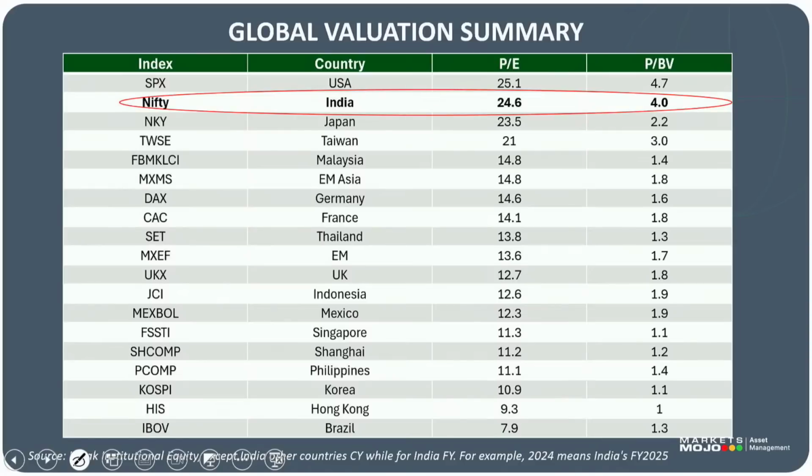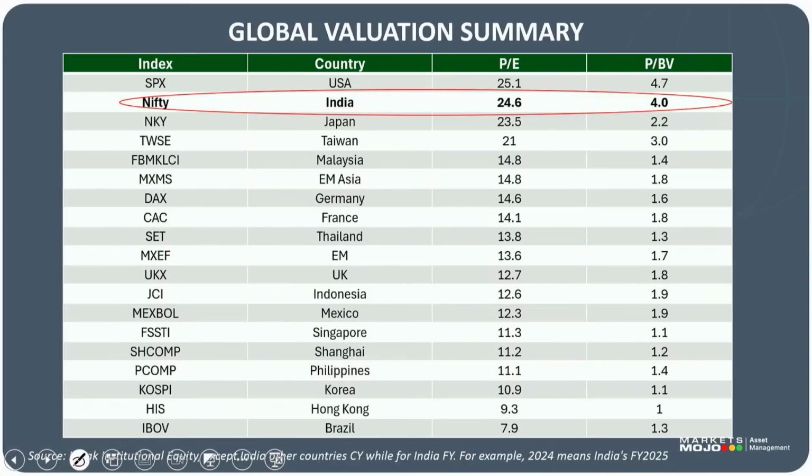The Indian market in terms of valuation is at the top of the table, just marginally below the SPX index, that is Standard & Poor's, which is commanding a price to earning based on FY 2024. Please pardon me, I think the heading has been a little off. And this is future, okay?